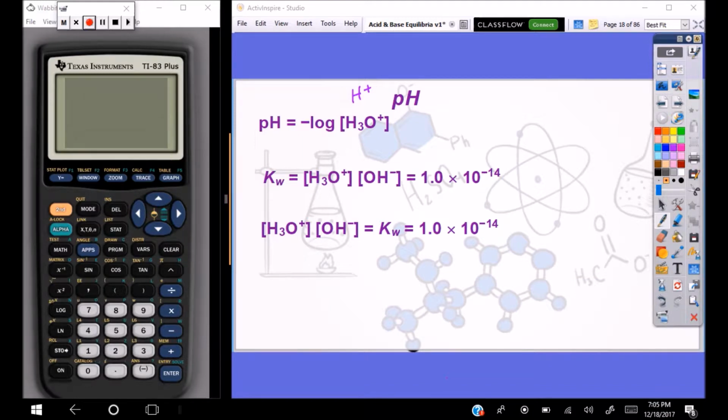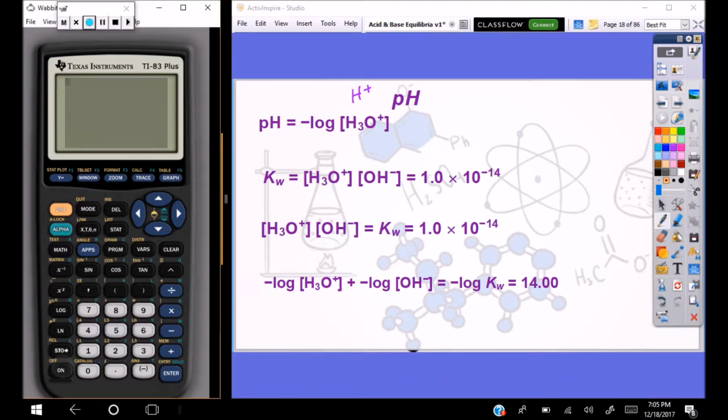So we can rearrange, set things equal to each other, and we end up finding out that negative log of our H3O plus concentration plus the negative log of our OH minus concentration is equal to 14. Right? If you take negative log of 1e to the negative 14, we get 14. So that's where the pH scale comes from. They basically took the log of everything.